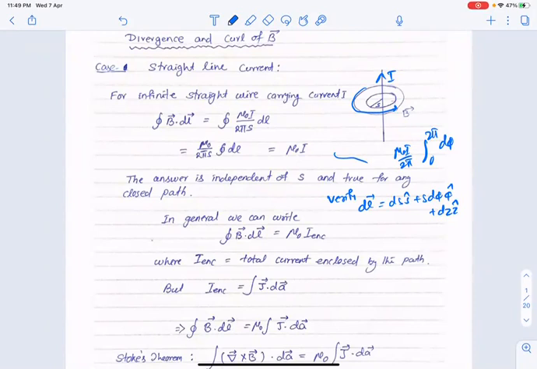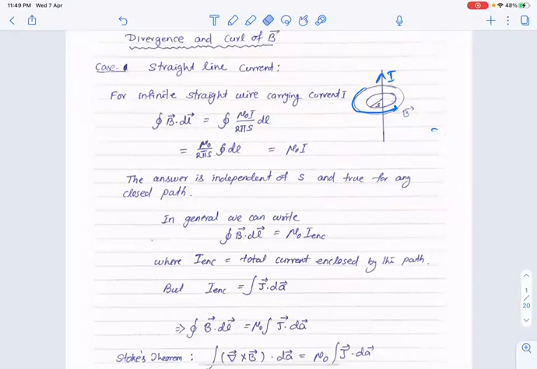In general you can write B dot dl as mu 0 I enclosed. As I told you, this is also true for a non-circular path, so it's a more general theorem.